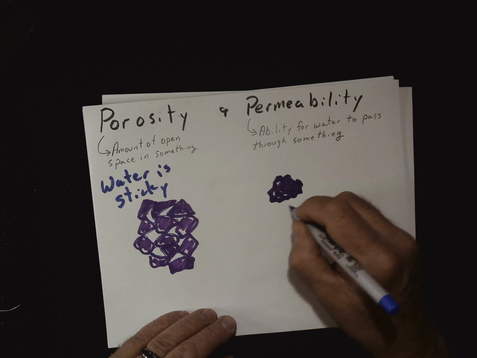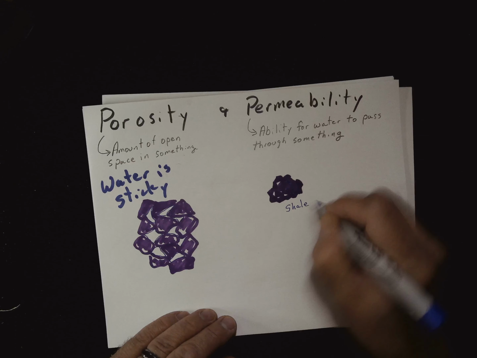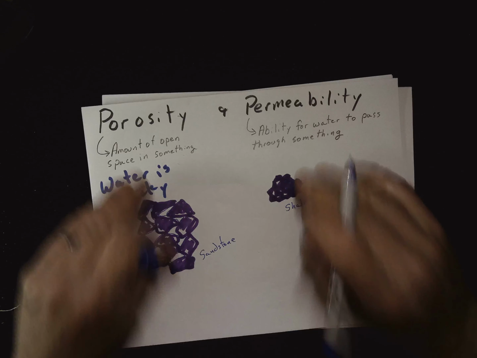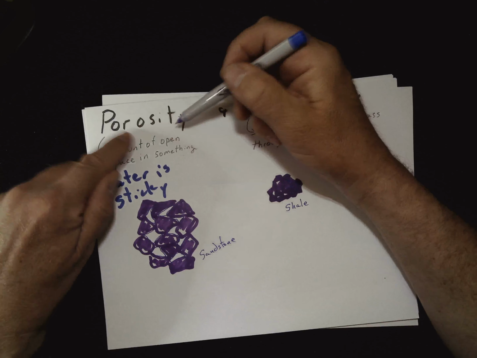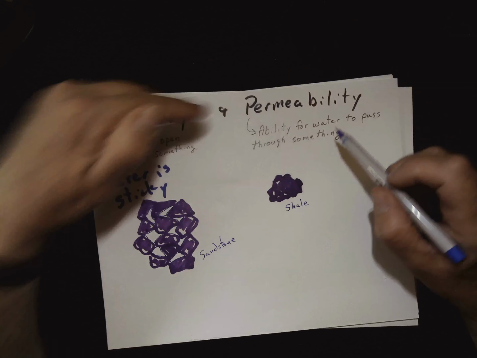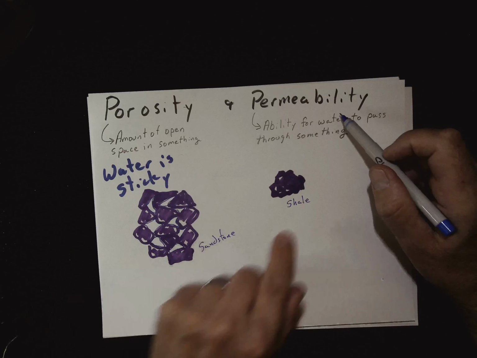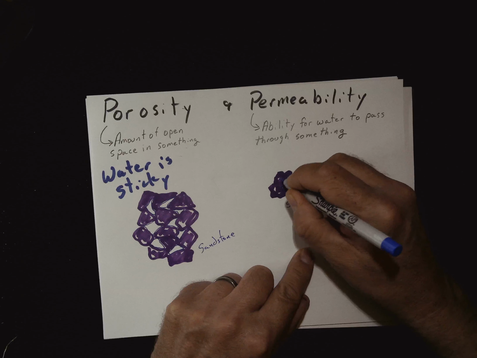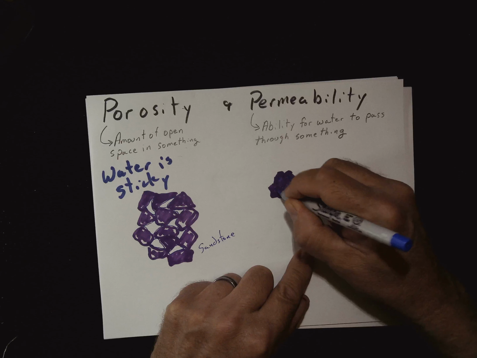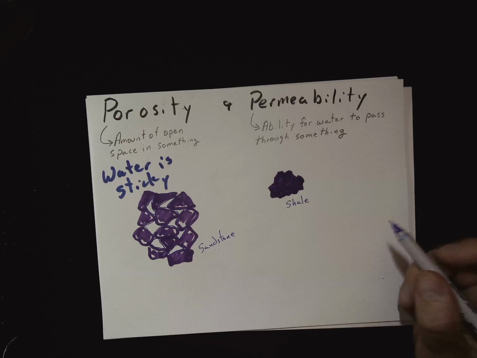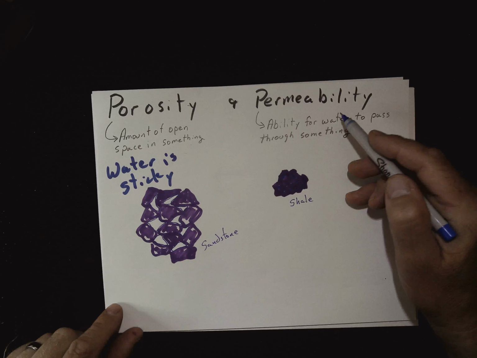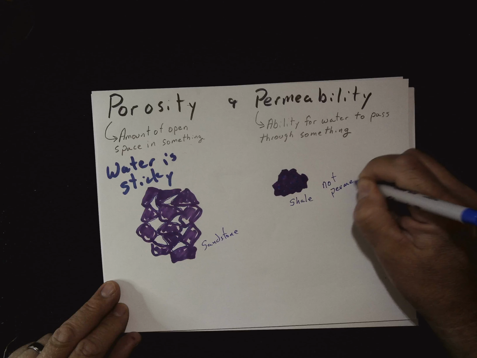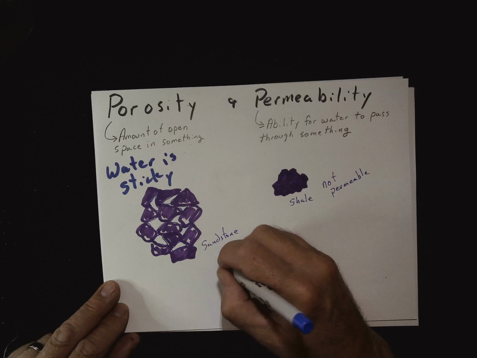So if this is shale and this is sandstone, you could see while they both might be porous, only sandstone is going to be permeable. Shale, because the water will fill the spaces and its stickiness will not allow it to flow through, shale will not be permeable. Sandstone is most definitely permeable.